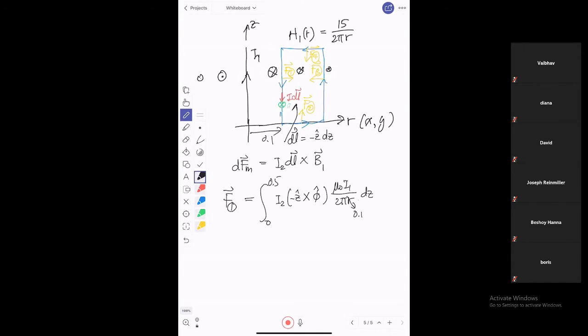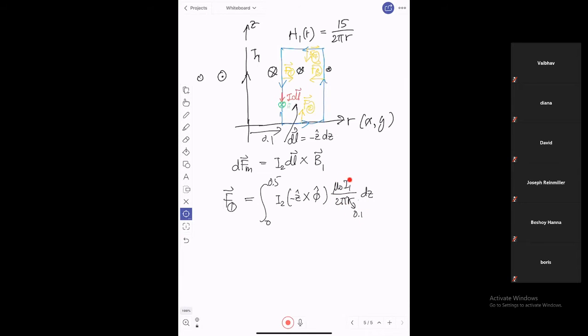Any questions? Any question at all? So I just sum up all the little forces on every element. I just sum up the force here, here, here, every element. It turns out that my magnetic flux density over here is the same value everywhere because it's only a fixed distance from the wire, right? So that's the value right here. Mu 0 I1 is known, mu 0 is known, this is known.